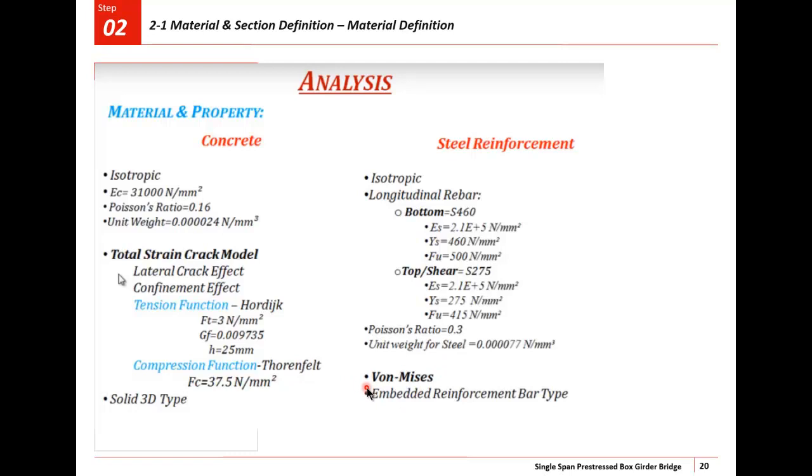In other software we have to care about that, but in MIDAS FEA we don't have to care about the connectivity. The program will automatically connect these two nodes by providing the embedded reinforcement. It means proper connectivity is ensured between the concrete and the reinforcement.